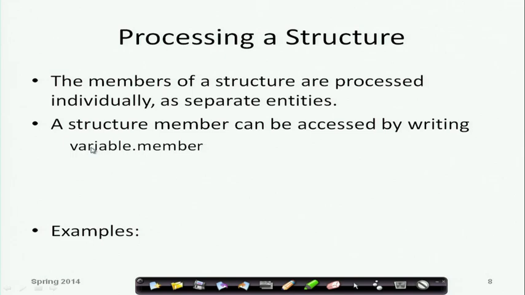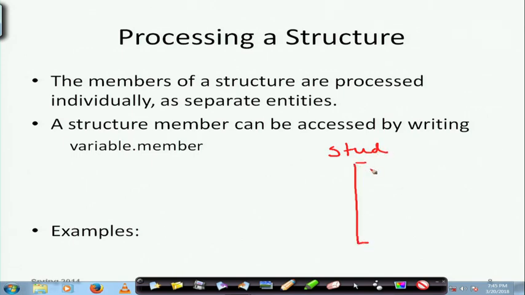Say for example, the overall name of the structure is student, and inside student we have name, roll number, etc. Say I have defined struct student, and the variables are A1, A2, A3.